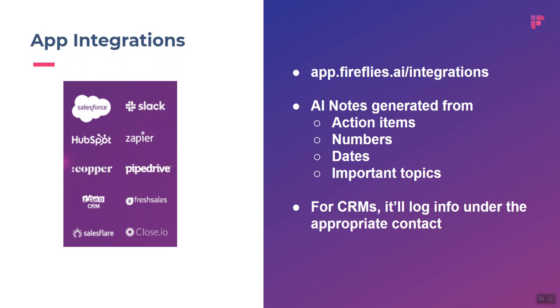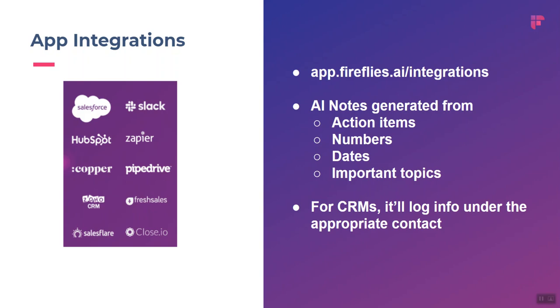We also have a Slack integration, which we use, where we can start pushing important things to one of our designated channels after a meeting. To recap app integrations, you can turn on integrations at app.fireflies.ai/integrations through literally 1 or 2 clicks, and then turn on that integration by authenticating your account.